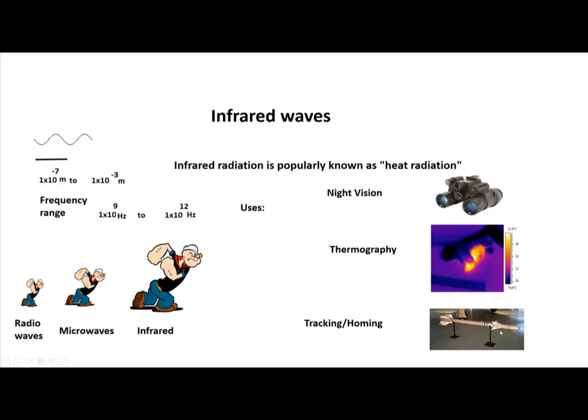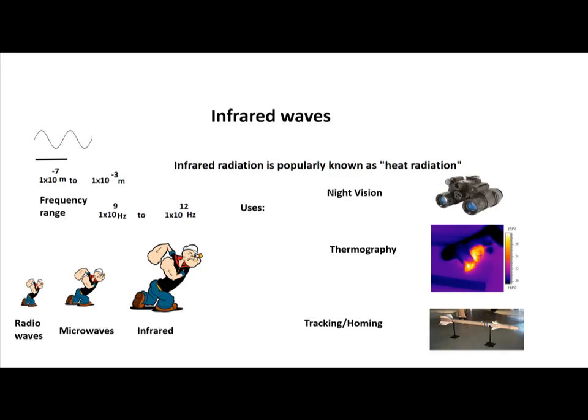What it does is it's able to track any object, like for example a jet or an aircraft, any object emitting heat. This missile can home in, recognize the heat signature, track it, and won't stop until it actually hits the object. So that's a military application.